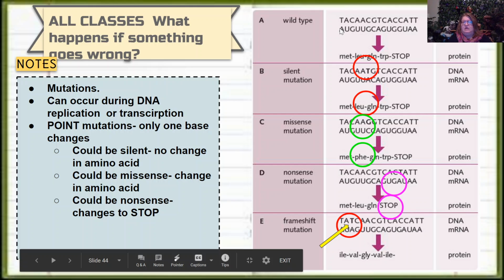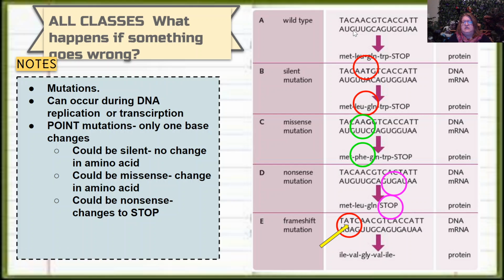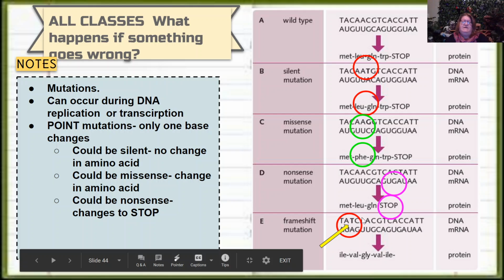So up here, we decided that our codon is AUG. That's our 3 letters. That's how we found the amino acid methionine. And then we went UUG. That's how we found our amino acid leucine. But if we insert a base here, notice that changes everything down the line.